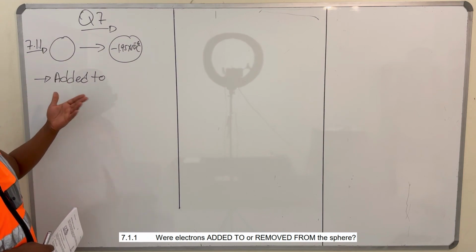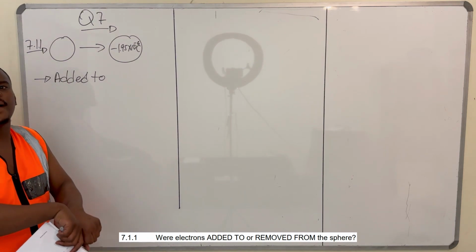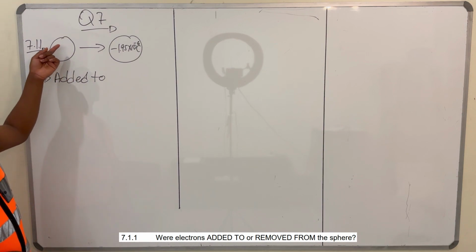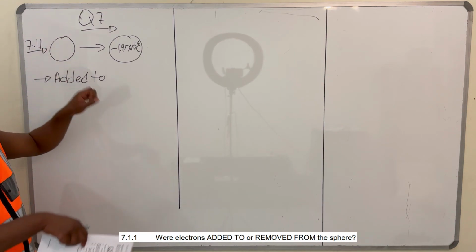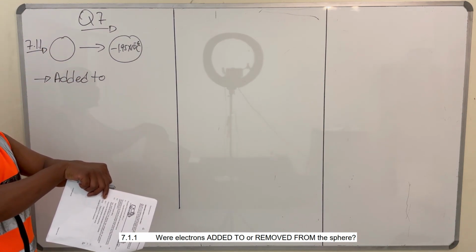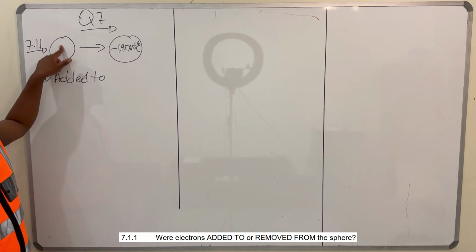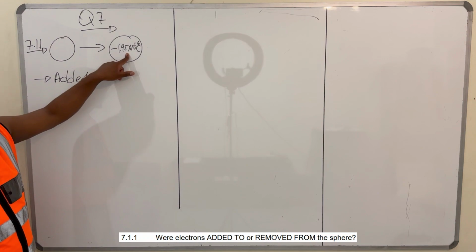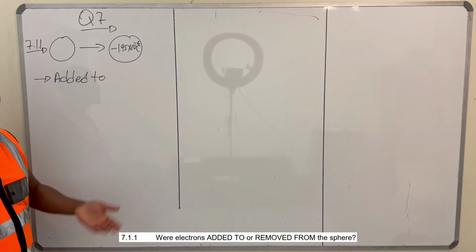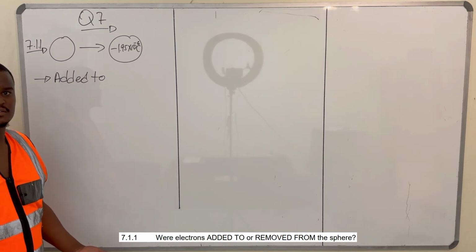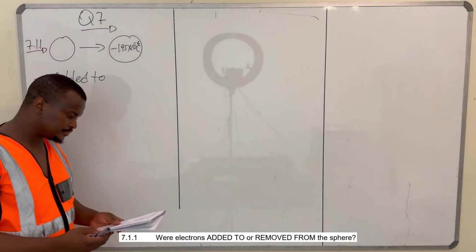So electrons may be transferred by contact, or by touching, to be more exact. That's what might have happened to the sphere. It was touching another charged object, and it acquired that charge as a result of the transfer of electrons. Right?